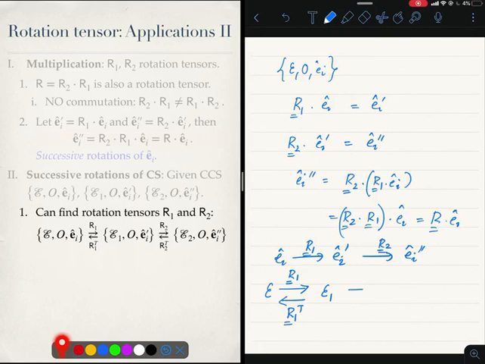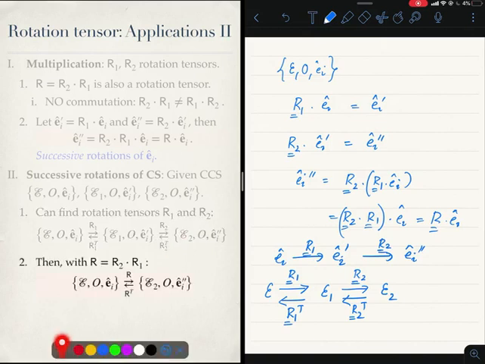Similarly, between E1 and E2, I can find another rotation tensor, call it R2, which comes back by R2 transpose. Okay, that's what I have written over here. So given E and E1, I can find R1. Given E1 and E2, I can find R2.